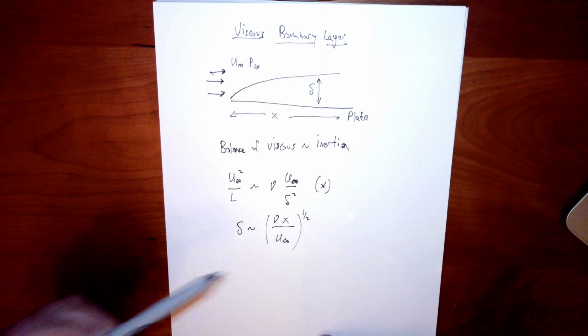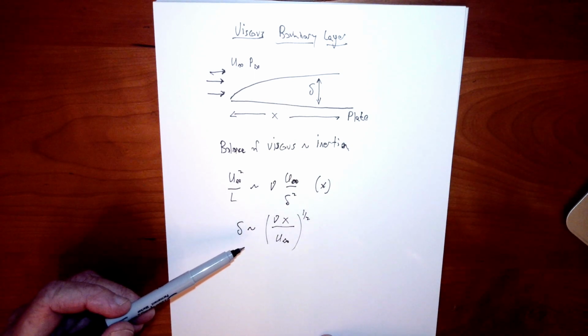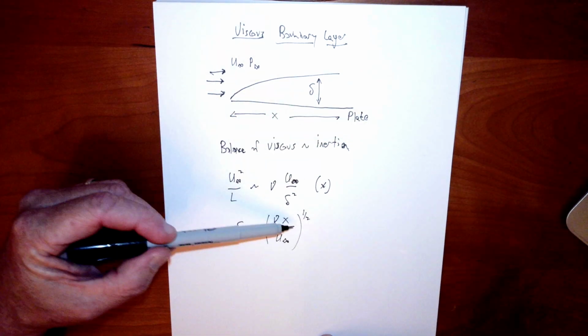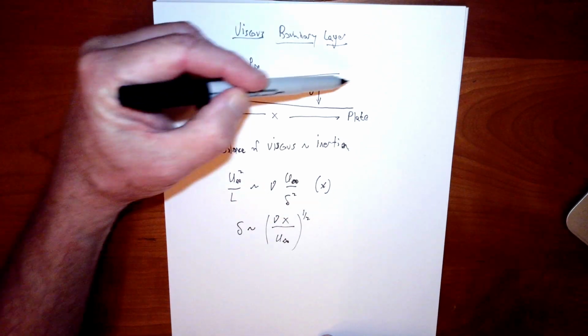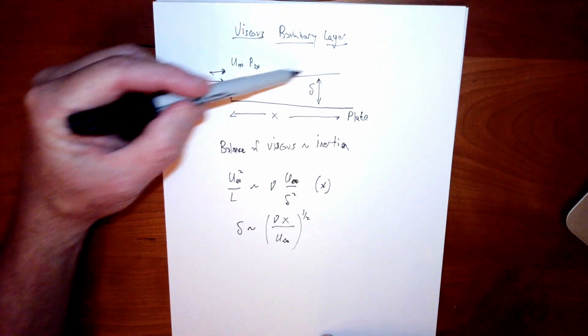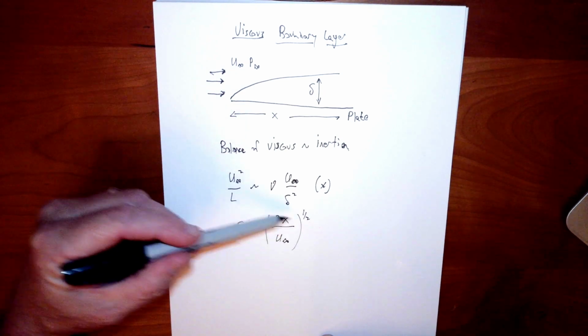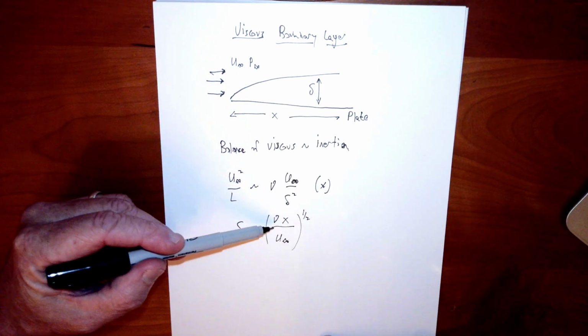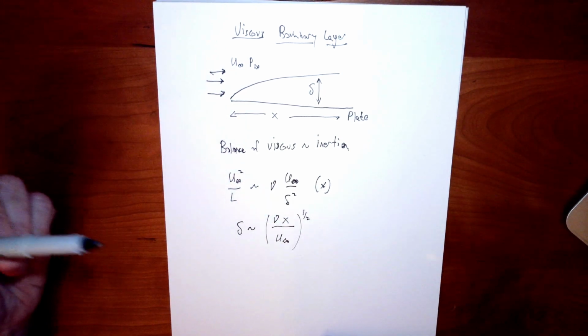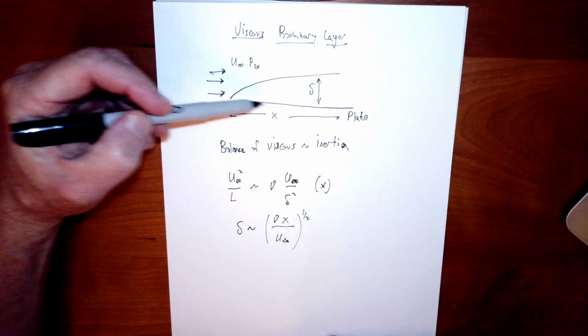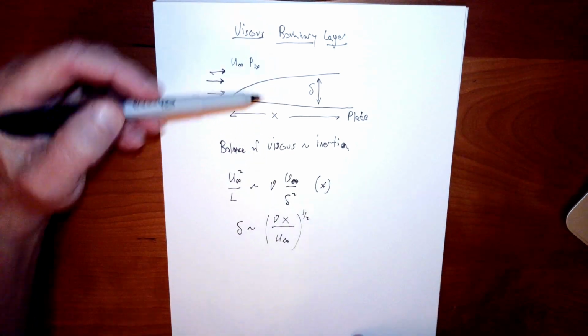Well, we learned that delta does increase as you go in the x direction. It increases as x to the 1/2, so it's drawn approximately correctly here. That is that the viscous boundary layer does increase as a square root of x. It increases if you increase viscosity. Well, that's not surprising. We would think that the viscosity is what's causing the change in the flow.